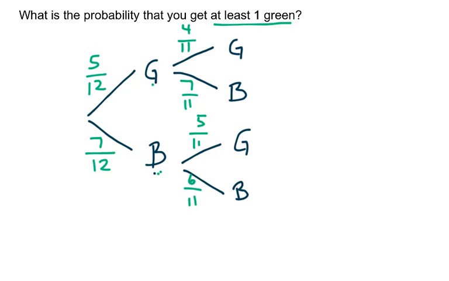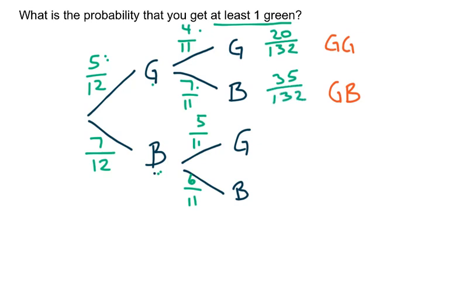Now if I want to find the probability of getting green followed by green, I need to multiply the probabilities along that path. And so I multiply 5/12 times 4/11, and I get 20 out of 132. If I want to find the probability of green followed by blue, I need to multiply the probabilities along that path. 5/12 times 7/11, and I get 35 out of 132.